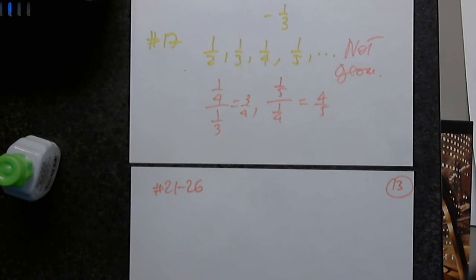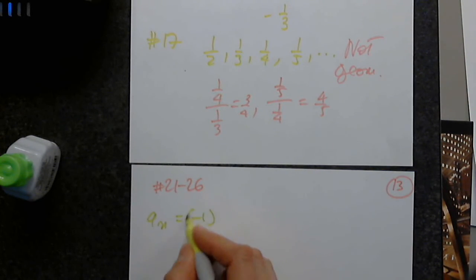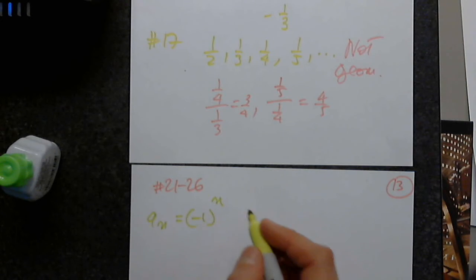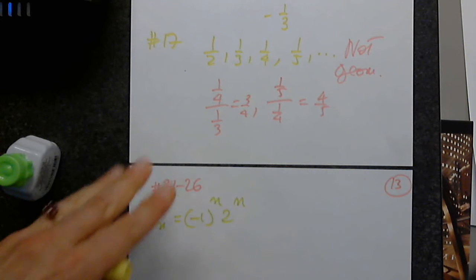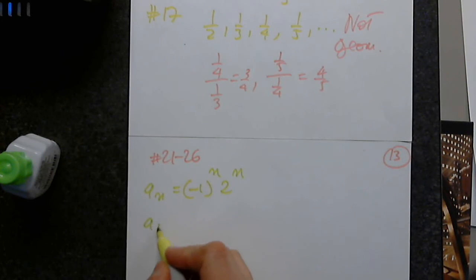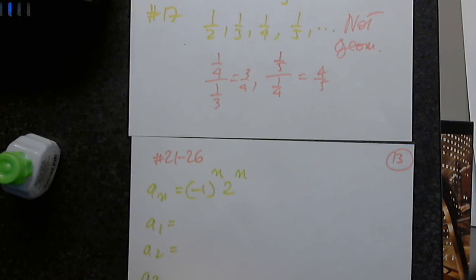So in 24 we have a sub n, the nth term, equals -1 to the nth power times 2 to the nth. Find the first 5 terms of the sequence. Okay, not a problem. A1, A2, A3, A4, A5.